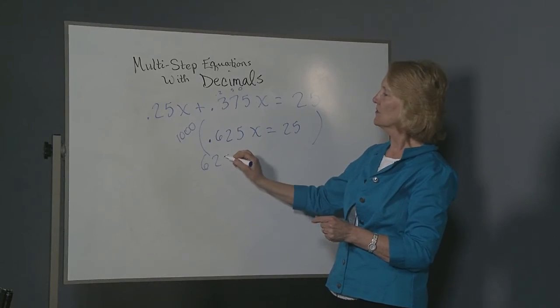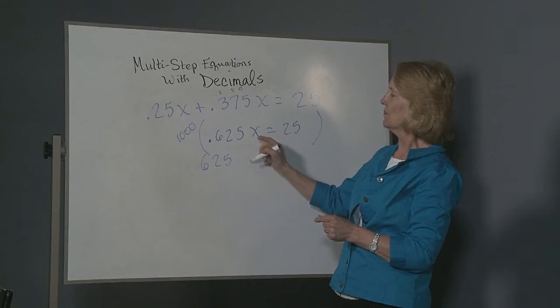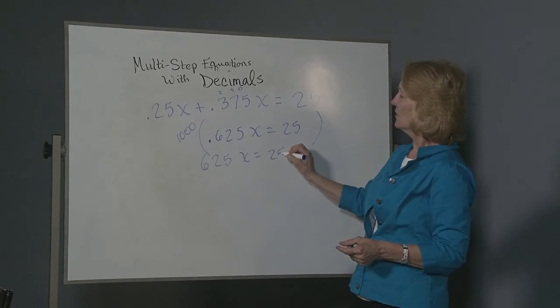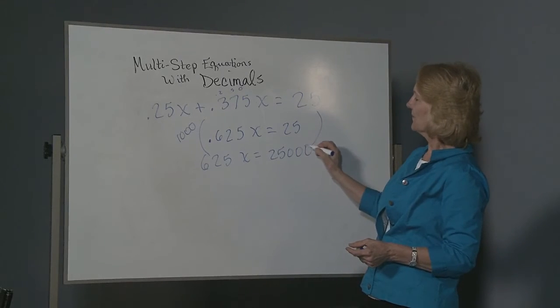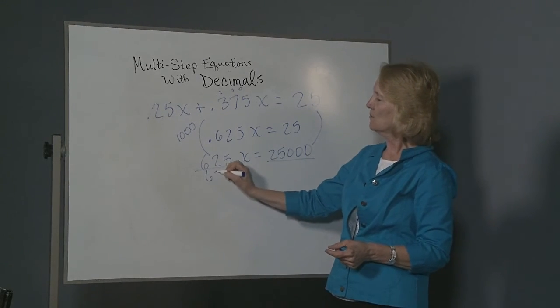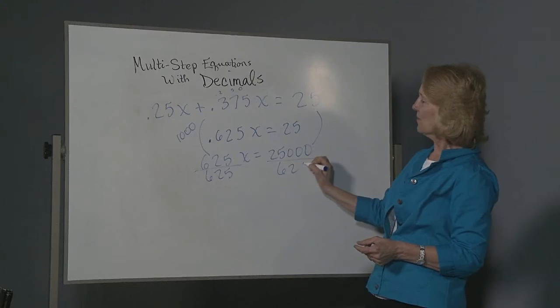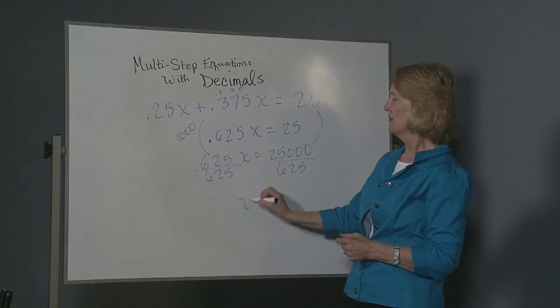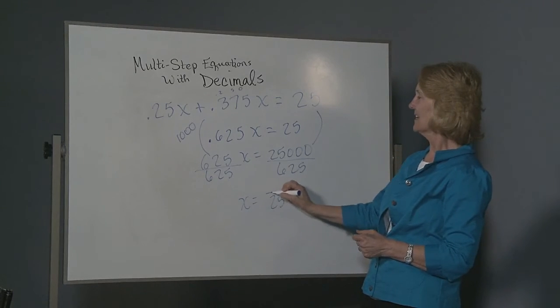You get 625, because you just moved it 3 places, equals, and 25 times 1,000 is 25,000. Then we'll handle it the same way as we did the other problem. Okay, 25 goes into there 25 times.